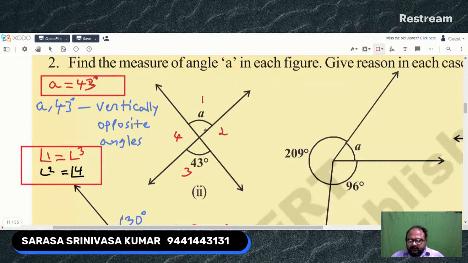In this second diagram, we have two pairs of vertically opposite angles. Angle 1 and angle 3 are equal and are vertically opposite angles. Next, angle 2 and angle 4 are vertically opposite angles. These are equal. Now let us consider another problem.